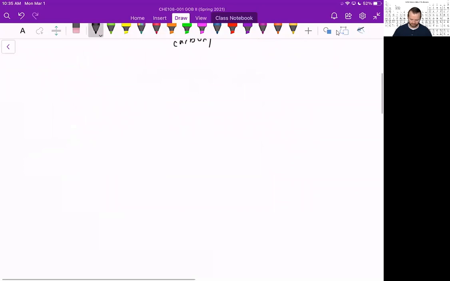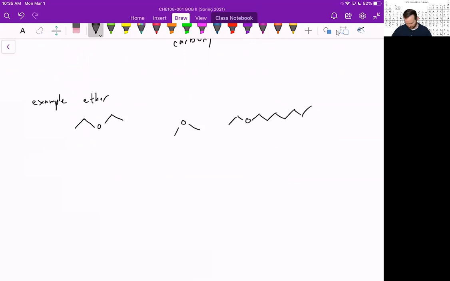Ethers. Some example ethers. It kind of looks spider-like in some examples.